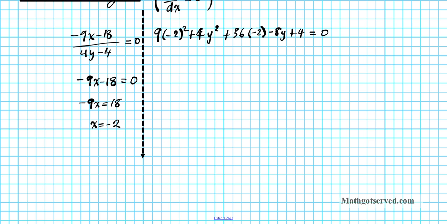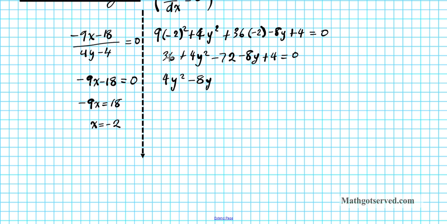If we simplify this equation, we're going to end up with a quadratic equation. So let's go ahead and simplify this. We'll have negative 2 squared times 9, which is 36. 36 plus 4y squared minus 72 minus 8y plus 4 equals 0. We can rewrite this in standard form. We'll have 4y squared minus 8y.